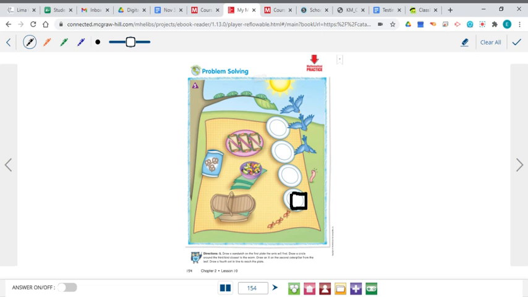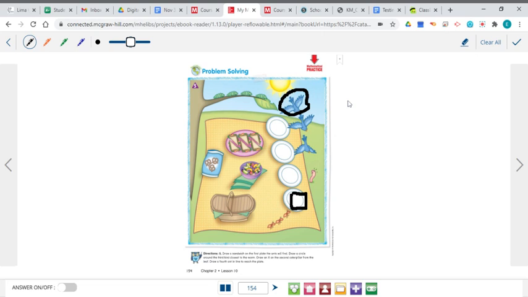The next direction says to draw a circle around the third bird closest to the worm. So all of our birds are lining up to try to get to the worm. Here's the first, here's the second, and there's the third. So he gets a circle around him, the third.